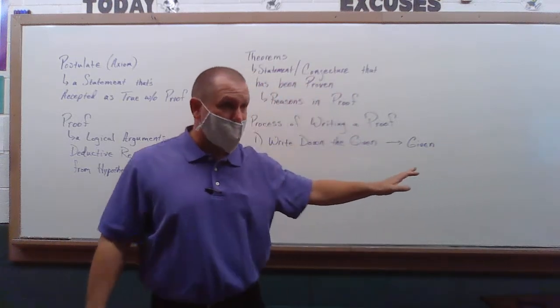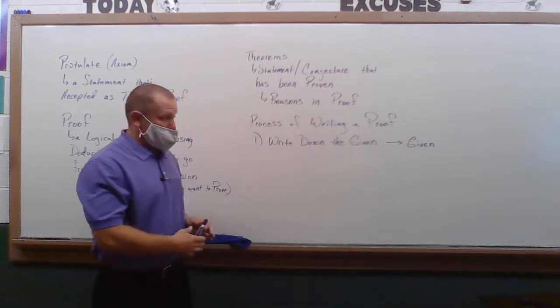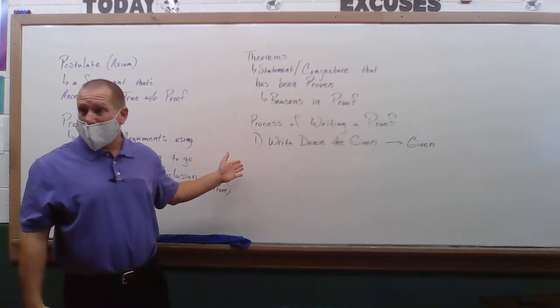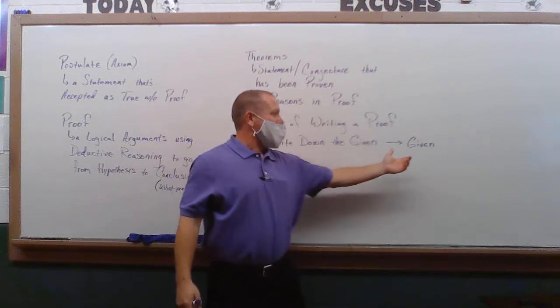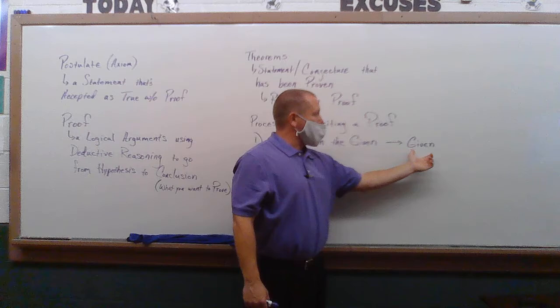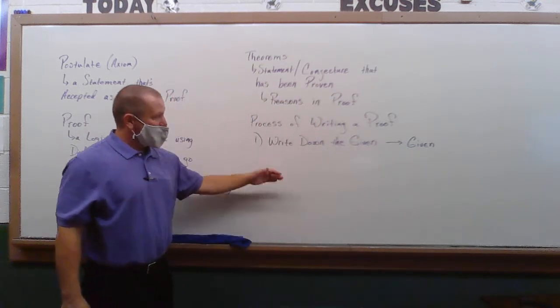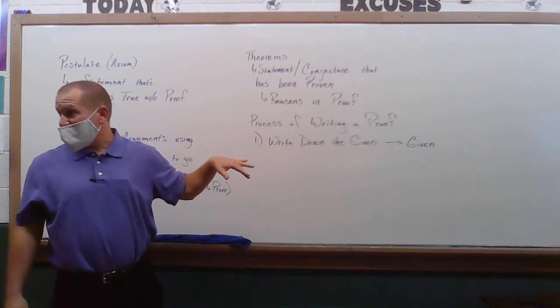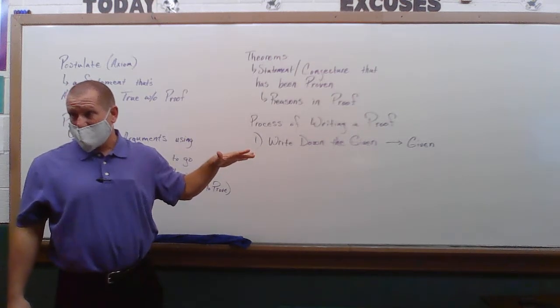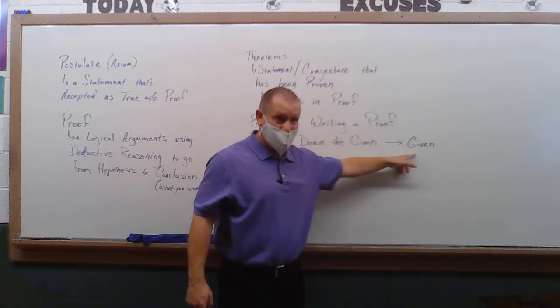Every single time. This is half a point, this is half a point. So if it's worth 5 points, you get a half a point for the statement and a half a point for the reason why. So if it's worth 5, you have 5 halves. Make sense? The first one is given to you. Why is it? Because it's given.